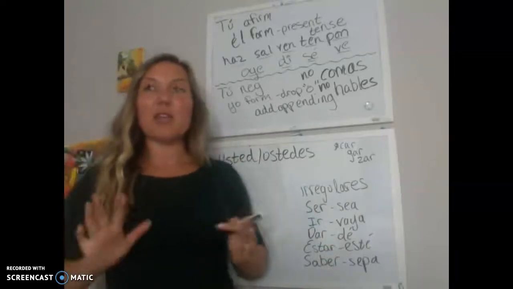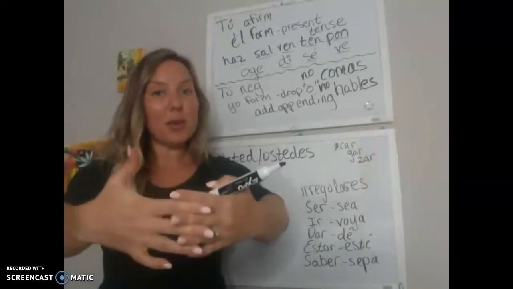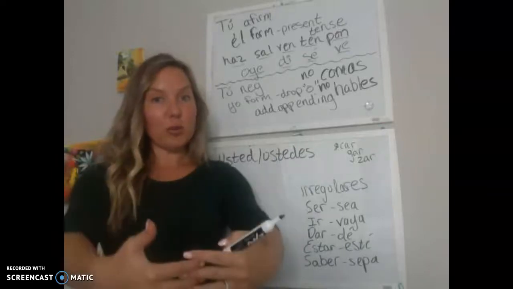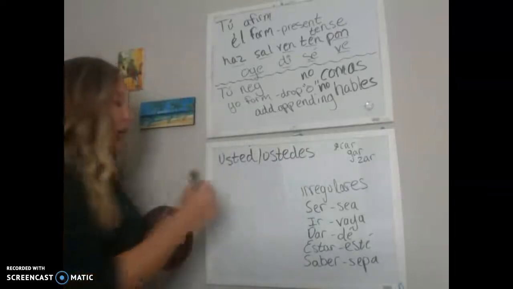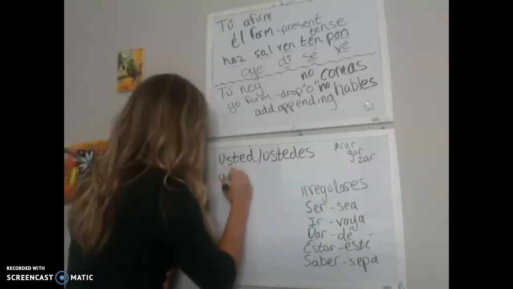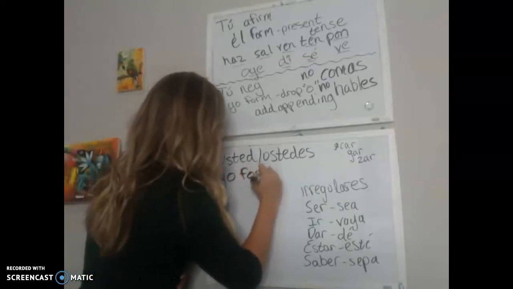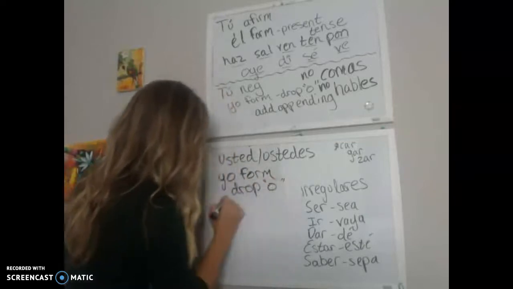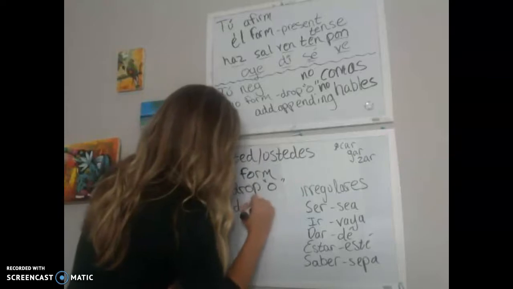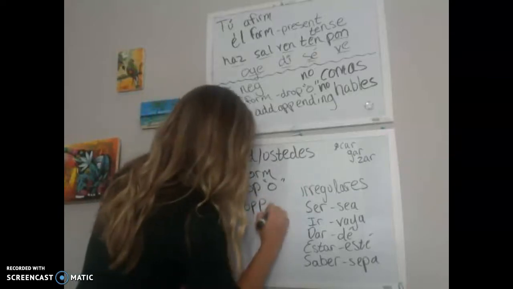Ustedes would be if I was giving a whole classroom of people commands and you were addressing a group, that's going to be the plural. All right, so same thing here. You're going to go to the yo form of the present tense. You're going to drop the O, and then you're going to add the opposite usted or ustedes endings.